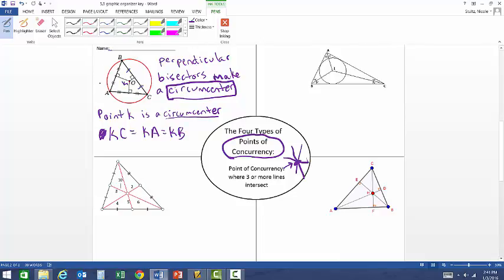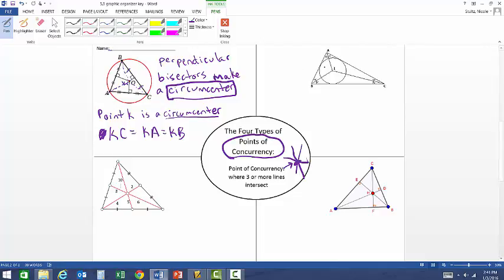So you can make a circle that the triangle fits perfectly in, meaning all its vertices are on the circle. And we know that all three of these distances are the same. That's rule number one.